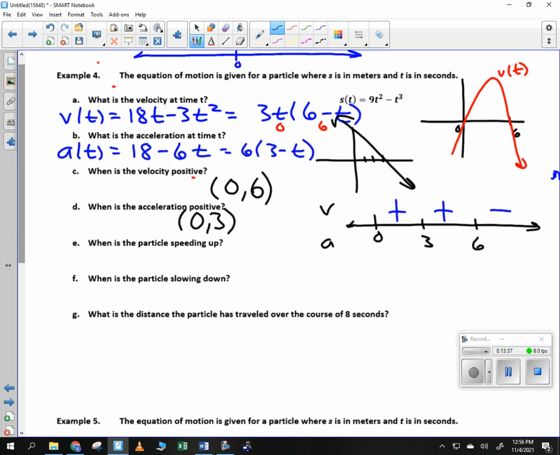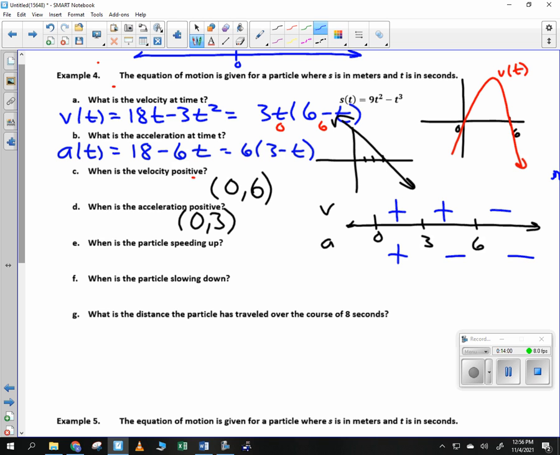Okay, from 0 to 3, was our acceleration positive or negative? It was positive. From 3 to 6, is the acceleration positive or negative? Negative. And from 6 to infinity, is it positive or negative? Negative. So the question is, when is the particle speeding up?